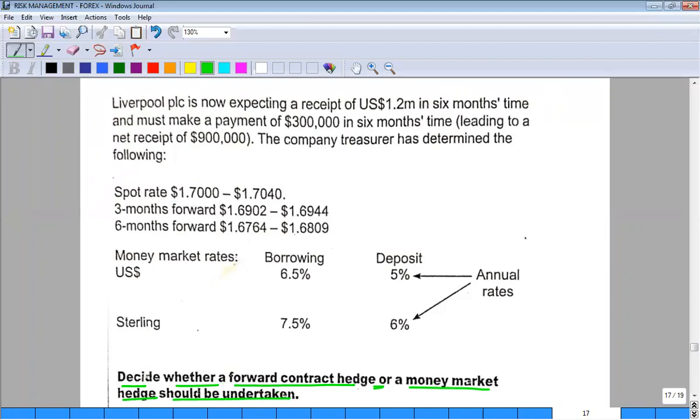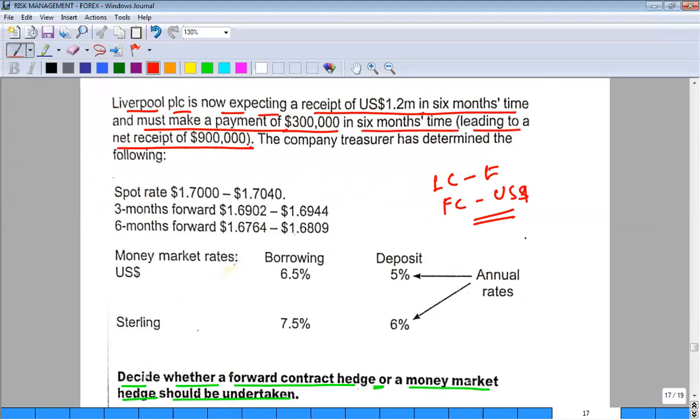To remember this question, local currency is sterling, foreign currency is US dollar. Liverpool PLC is expecting a receipt of 1.2 million US dollar in 6 months time and must make a payment of $300,000 in 6 months time, leading to a net receipt of 900,000.